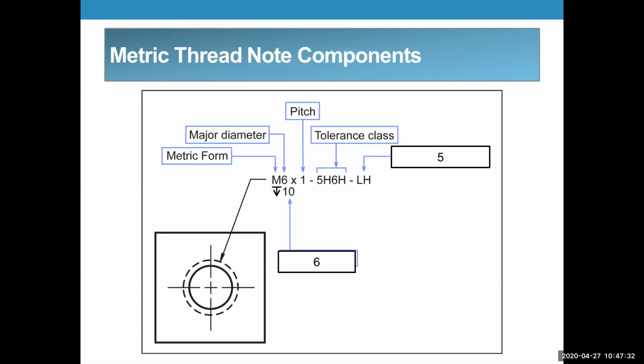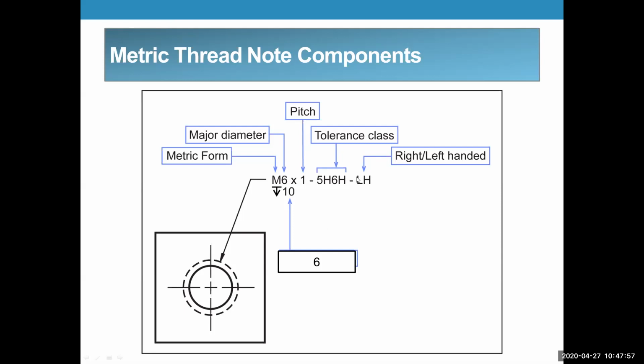And then fifth position is right or left hand. Again, if it's a right hand, it's not needed to be shown. And if this is the standard tolerance, which is 6H, I don't remember what it was. I'd have to go back and look.